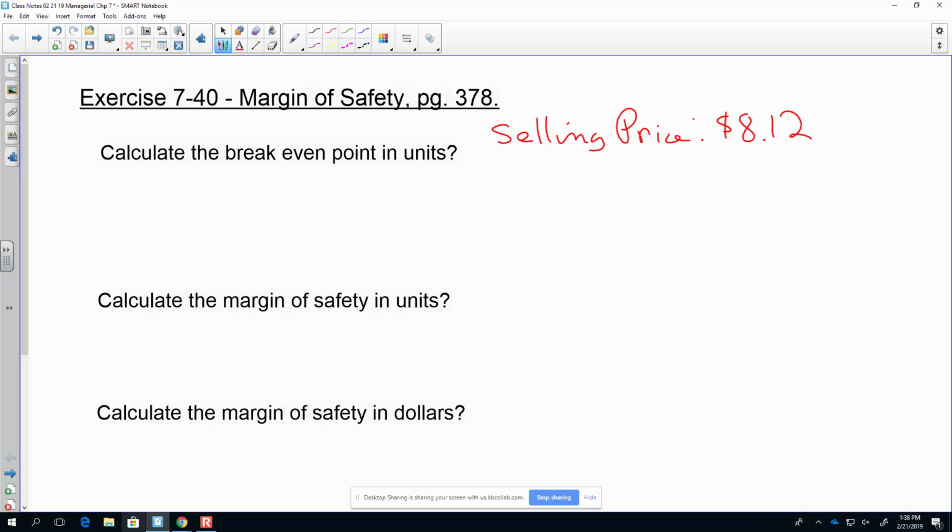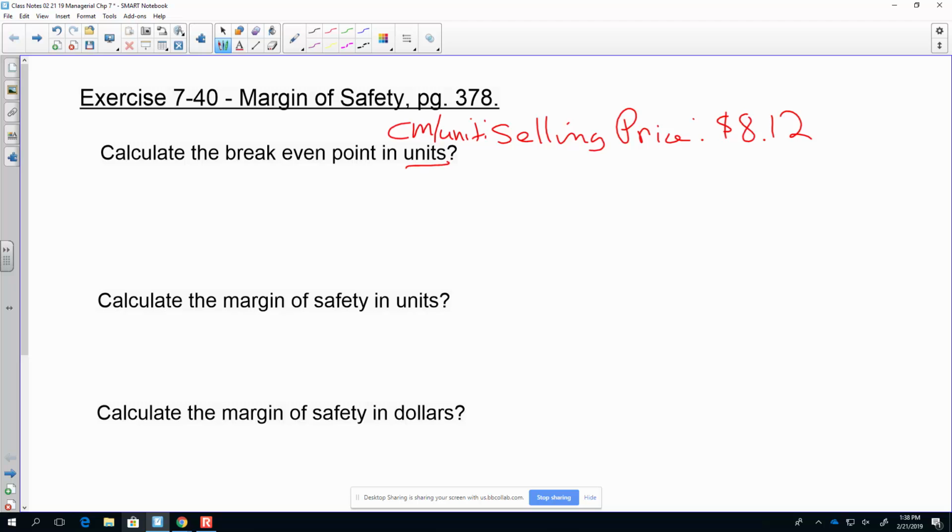To get to a break-even point in units, the goal is to come up with a contribution margin per unit. So if we have the selling price, we then can deduct all the variable expenses, starting with direct materials.